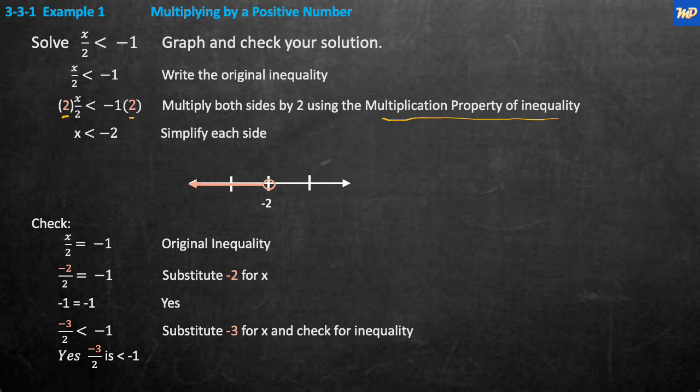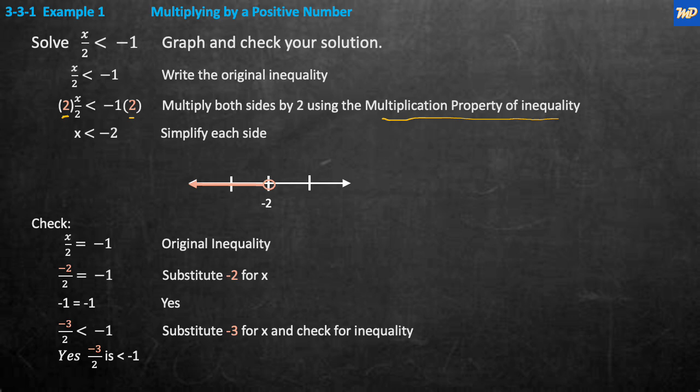Okay, 2 times x divided by 2, they're going to cancel. And 2 times negative 1, we now have x is less than negative 2. Notice that there's a negative sign in here, but we didn't cross the boundary from one side to the other. That's the key. So x is still less than negative 2.